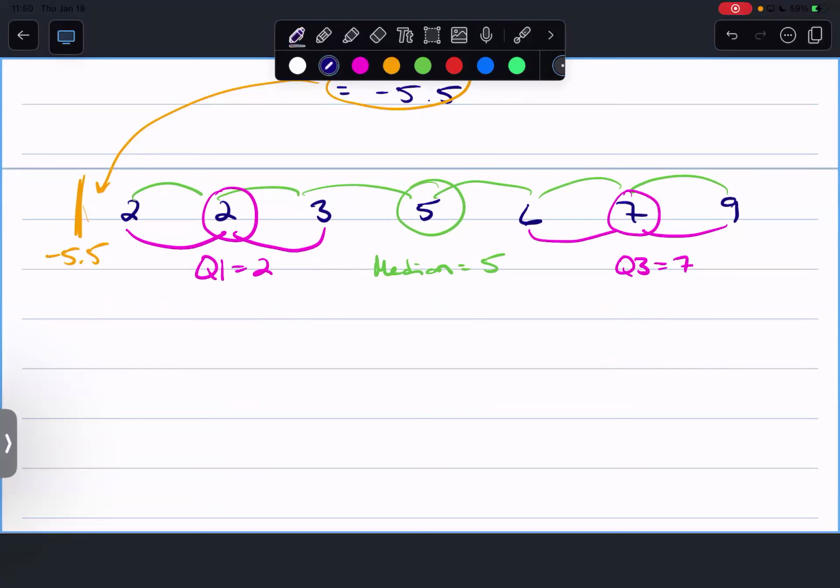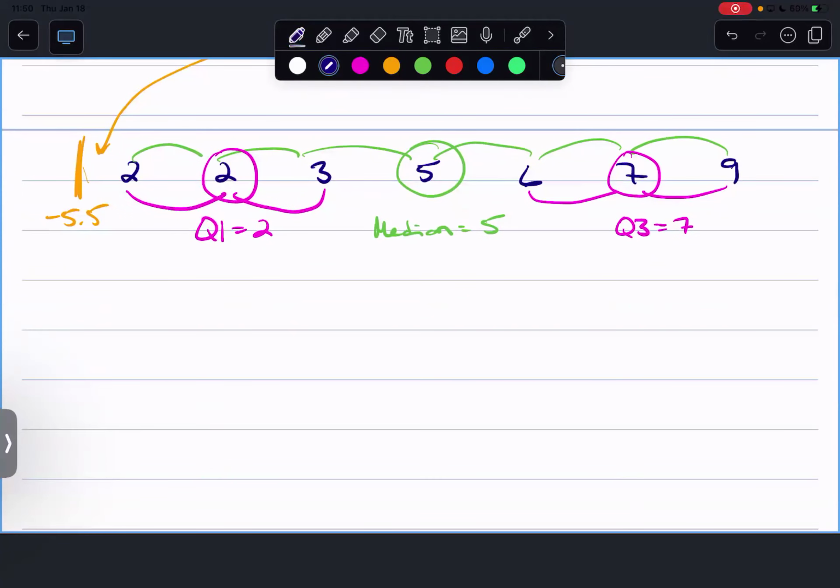So here, what I want you to say, and require you to say, is: since there are no values smaller than negative 5.5, there are no outliers on the lower end.